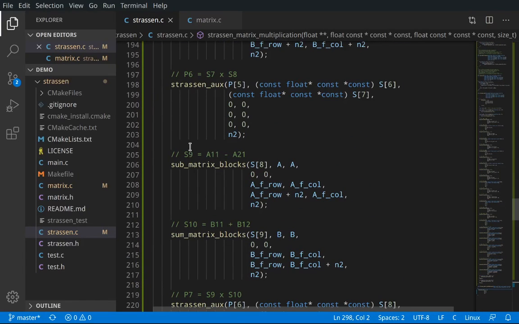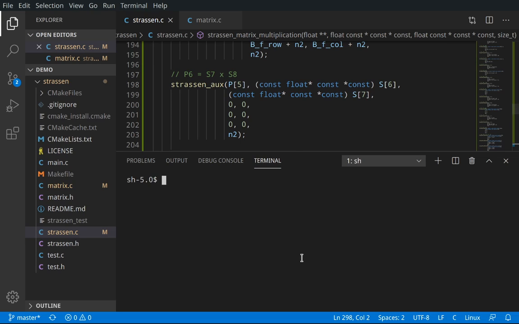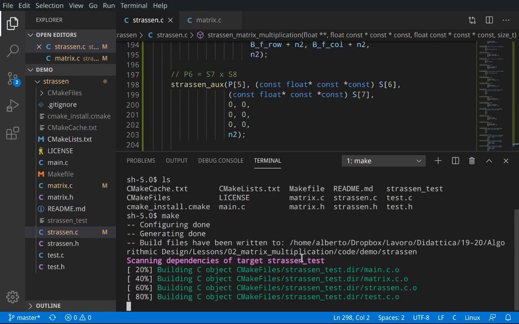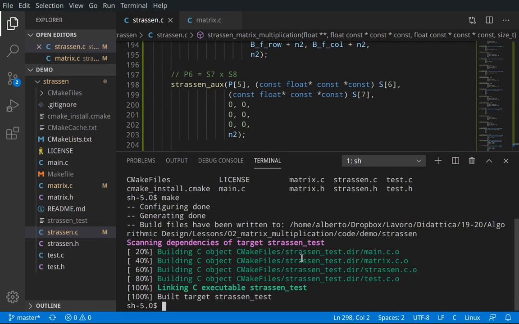Okay, so let's test it. Let me open the terminal, go into the Strassen directory. Here I can compile it. This is the result, and let's see what's going on here.